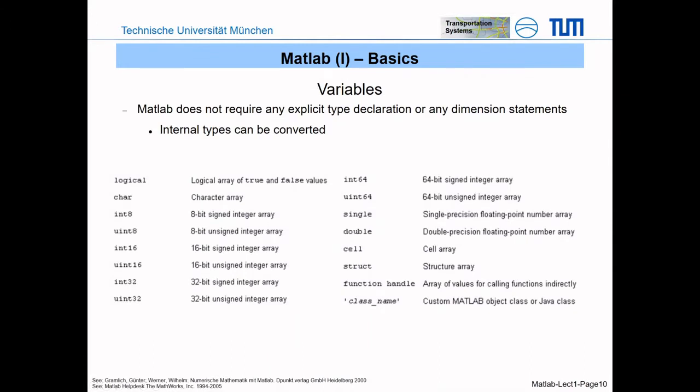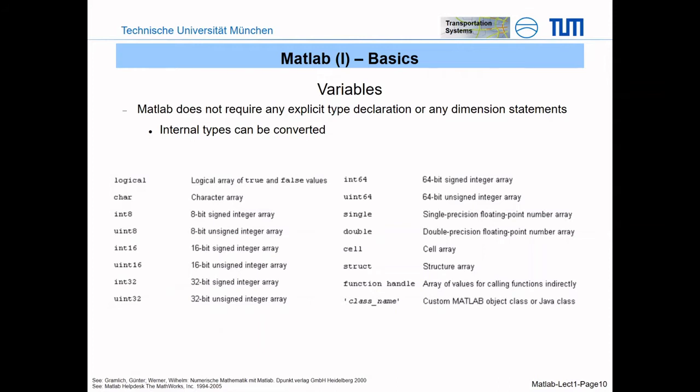Variables in Matlab are always matrices, and they always have a fixed data type. So usually you have double precision floating point numbers. But you can, of course, convert these data types to other data types.